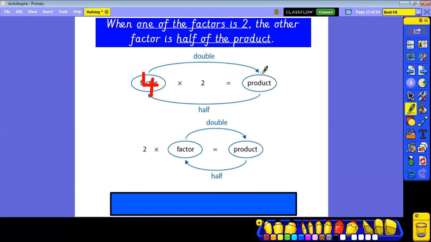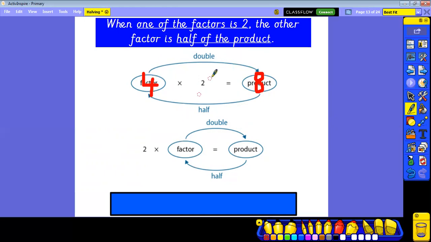I know that 4 times 2 is equal to 8. So we know that 4 is a factor, 2 is a factor, and 8 is the product. And when we have 2 as one of our factors, that means that this other factor is actually half of our product. And the product is double, it's 2 times bigger than our other factor.